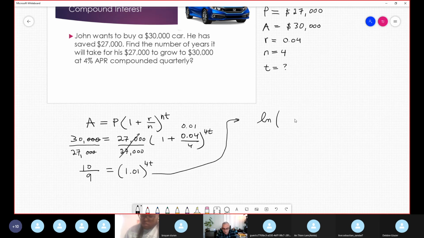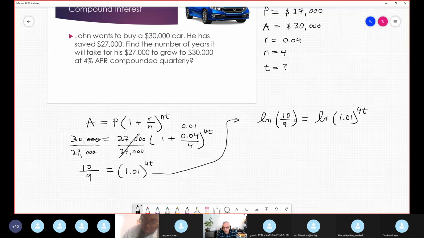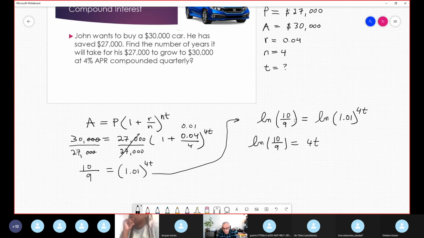LN of 10 over 9 is equal to LN of 1.01 raised to the 4t. One more time, we apply the famous property number 7 that allows me to move this exponent to the front as a factor. Logarithm of 10 over 9 is equal to 4t natural logarithm of 1.01. Finally, divide both sides by 4 natural logarithm of 1.01.